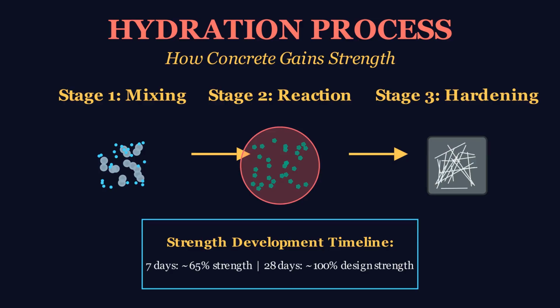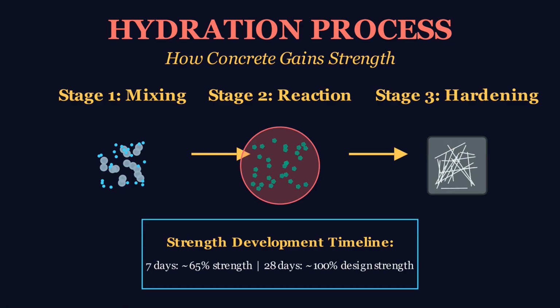The hydration process is the chemical reaction between cement and water that produces concrete's strength. In stage 1, cement particles and water are thoroughly mixed. In stage 2, a chemical reaction begins, forming calcium silicate hydrate gel and other compounds that bind the materials together.